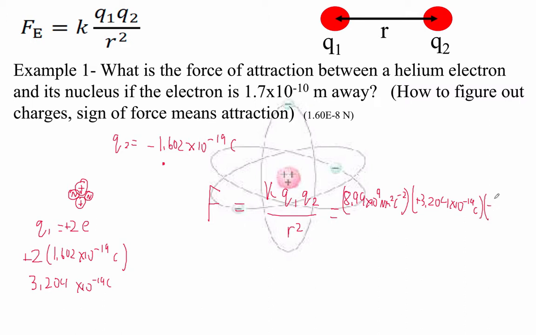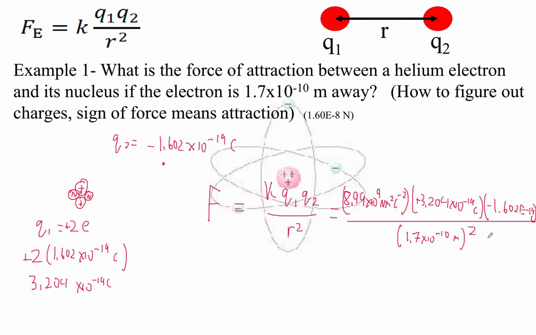And then the other charge is negative 1.602 times 10 to the minus 19th coulombs. And then our distance is 1.7 times 10 to the minus 10th meters.